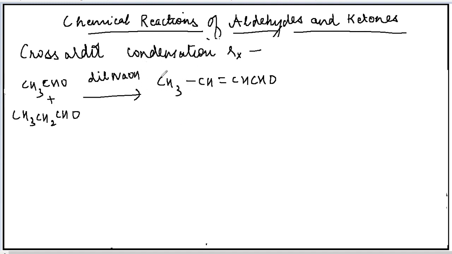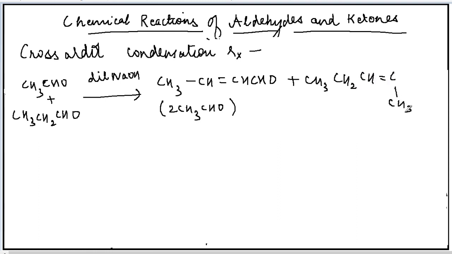So this product is formed when the reaction takes place between two ethanal molecules. Then the next product that will be formed is this product, formed when the reaction takes place between two propanal molecules. You already know the mechanism. Okay. So when two propanal molecules undergo the reaction, this product will be formed.